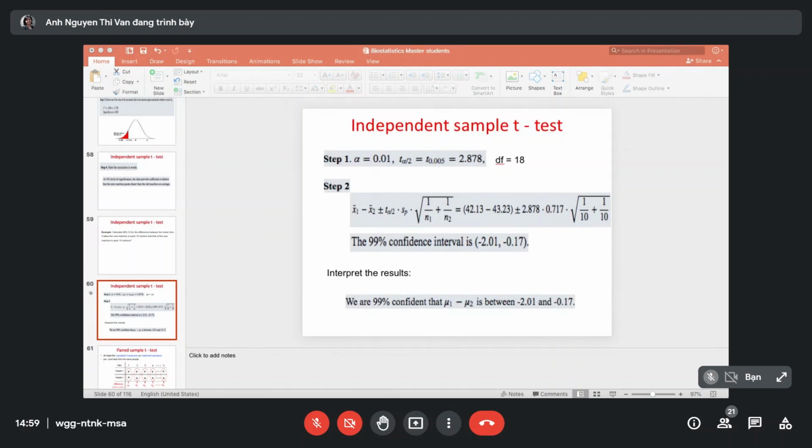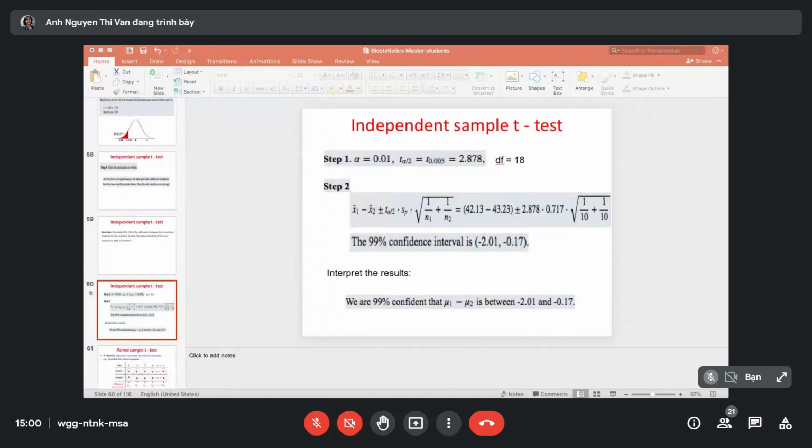Nguyễn Phương Anh, are you here today? Yes, I'm here. Okay. So when will you use a paired t-test? We will use the paired t-test to compare the means of the same groups. So we will use a paired t-test when the samples are paired samples, okay?